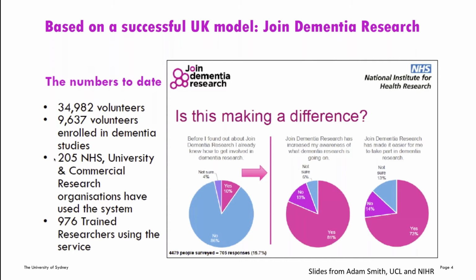That means not everyone who joined will end up in research, but 10,000 volunteers are now part of research. Over 200 NHS, National Health Service, organizations, universities, and other research organizations have used the system, with about 1,000 trained researchers using the service.